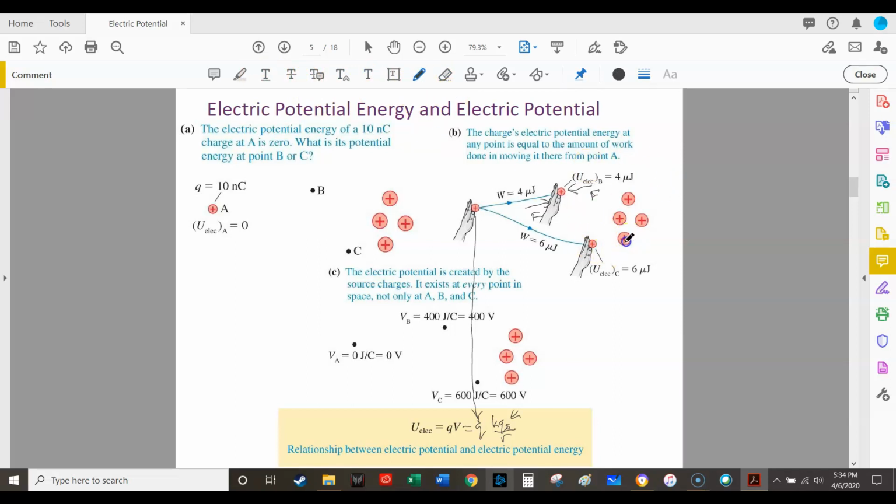So these guys are the source charges causing the voltage. And this is the test charge that you're moving. So you're analyzing your energy on this guy right here.